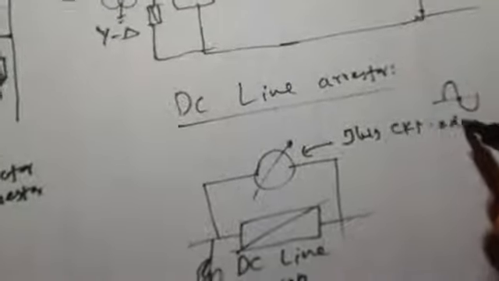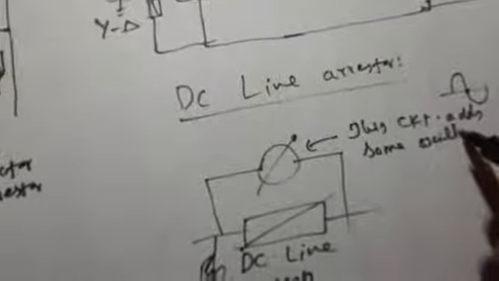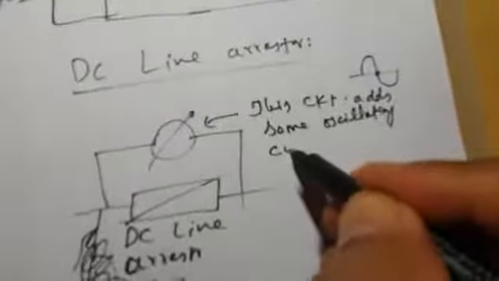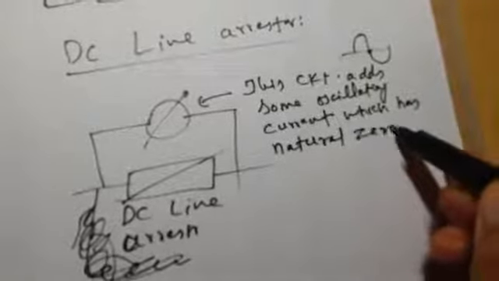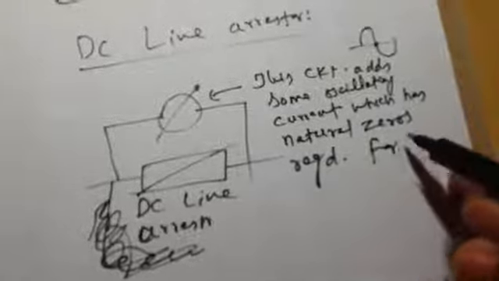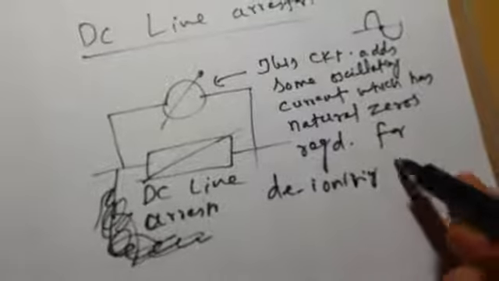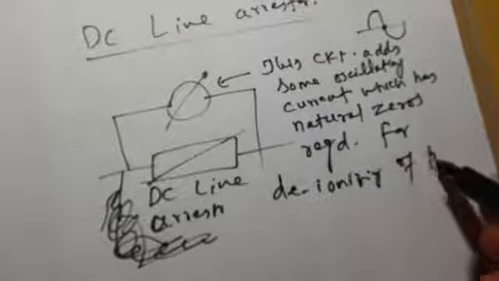This circuit adds some oscillating current which has natural zeros, required for deionizing of the path.